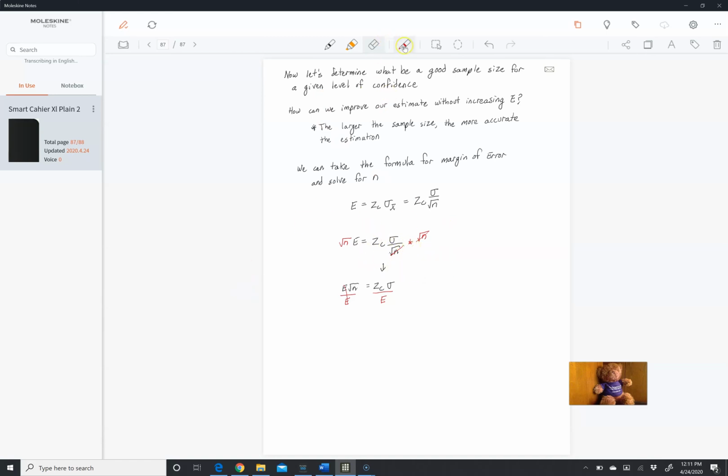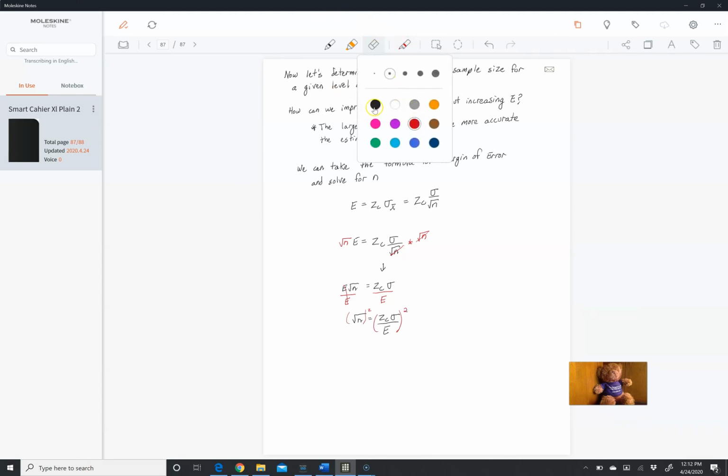So what does this give us? This tells us that the square root of n is equal to z sub c sigma over e. But we don't want the square root, so we're going to square both sides. That gets rid of the square root.